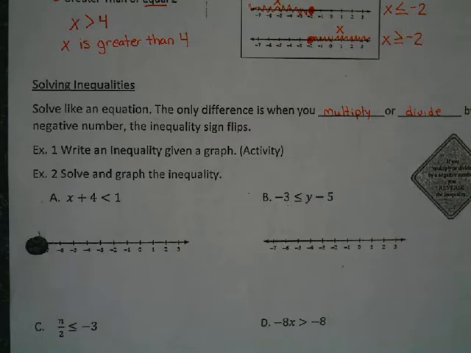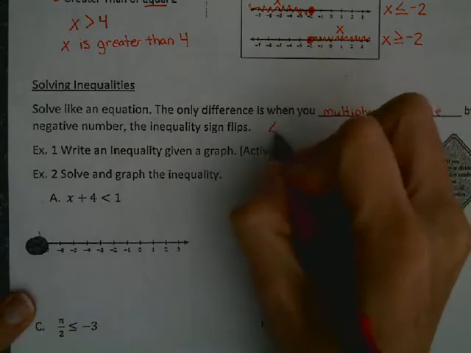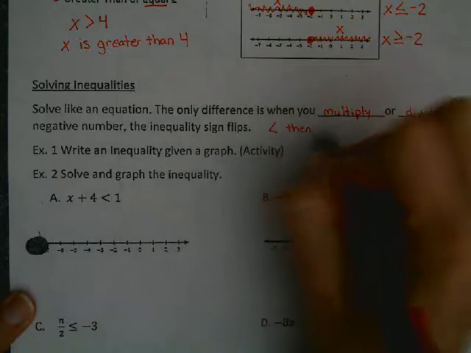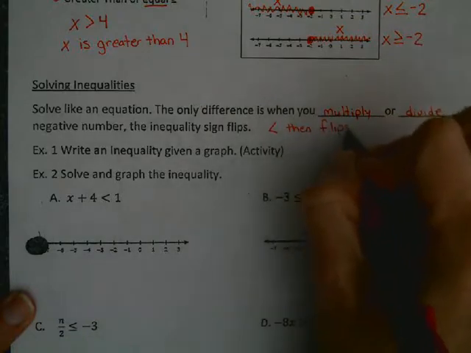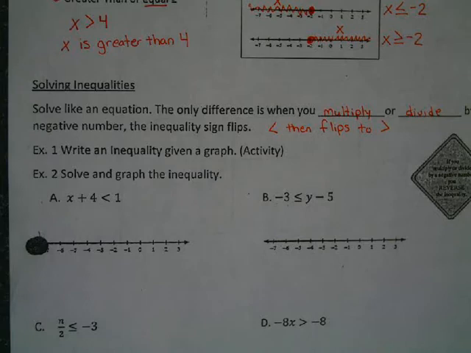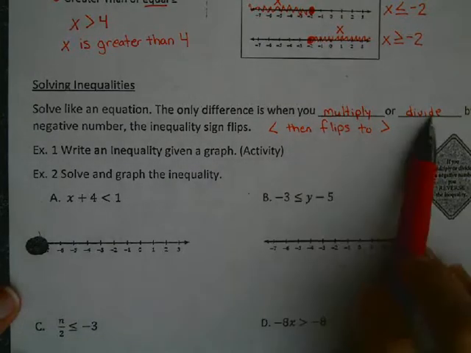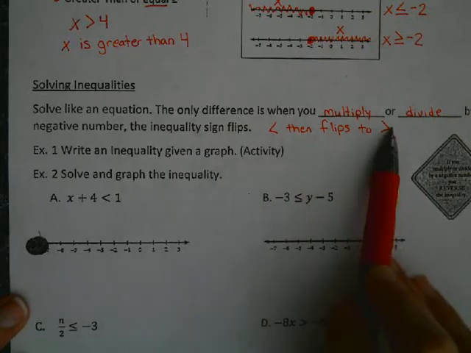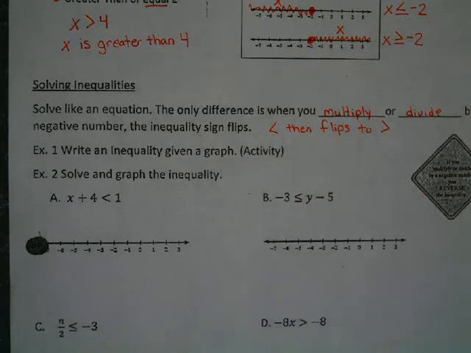That means if it's a less than sign, it flips to a greater than sign. And if it's less than or equal to, it flips to greater than or equal to. It's only when you multiply or divide by a negative number that the inequality sign will flip.